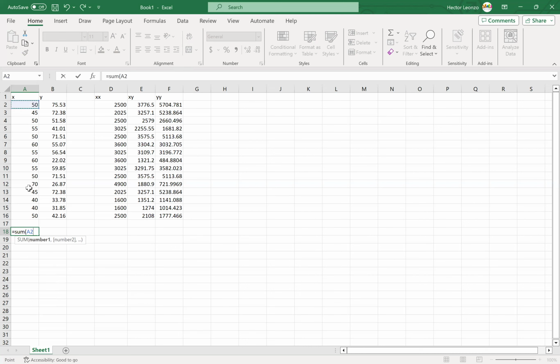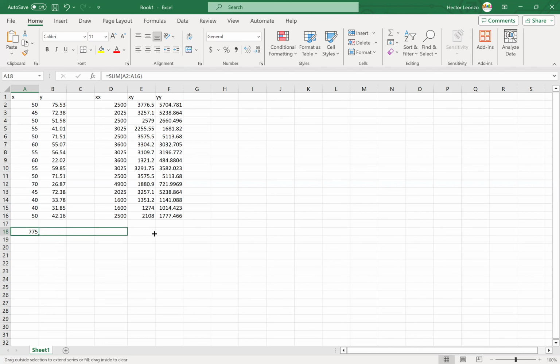I want to add all my x's, so I highlight all the x's, close parentheses. So there, I added all the x's. I go here and erase this 0. So here's my sigma x, sigma y, sigma xx, sigma xy, sigma yy.